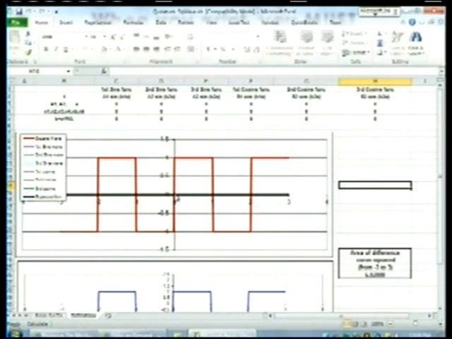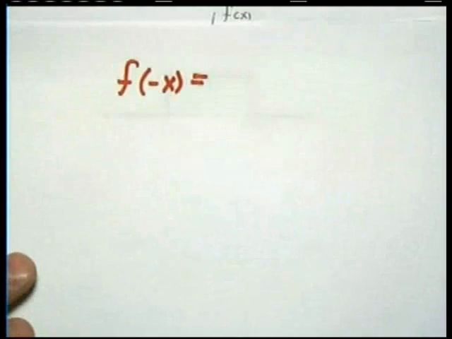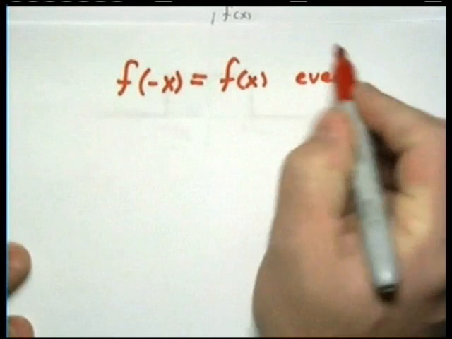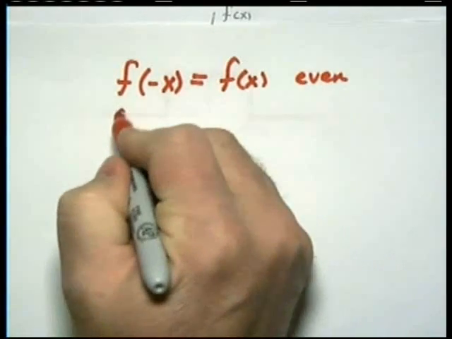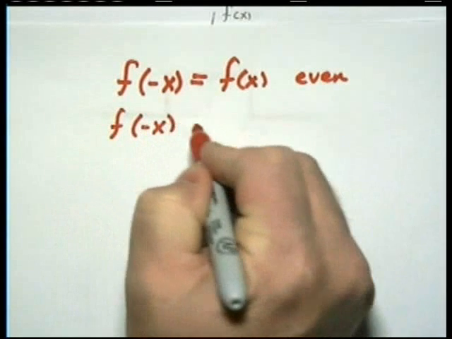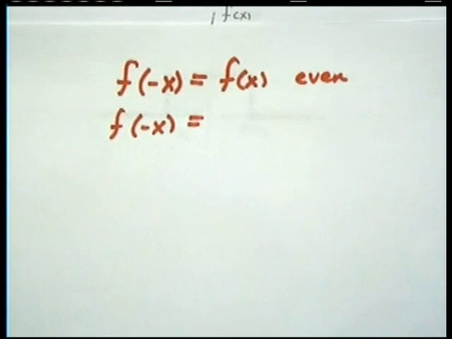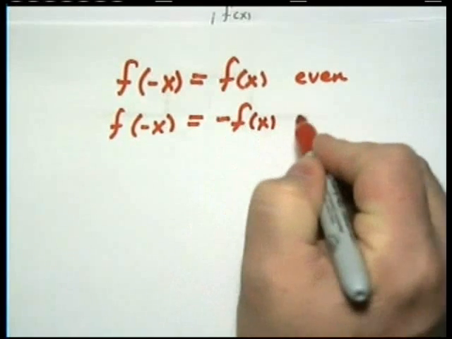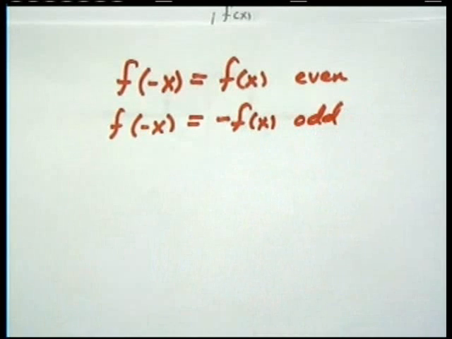A function is even when you put in the negative argument, this is the same as that. The function is odd when you flip around the y-axis, you get the negative of the function. Not everything is even or odd. There are lots of functions that are neither even nor odd, okay?